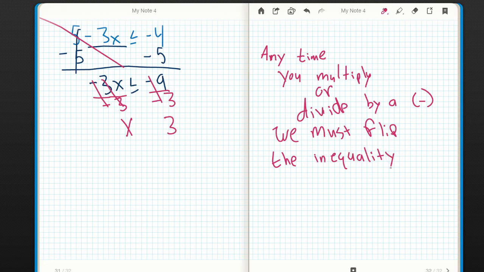Okay, so we must flip the inequality anytime we multiply or divide by a negative.